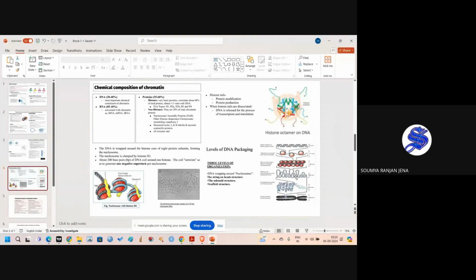This 300 nanometer chromosome is again condensed to form a 700 nanometer chromosome, and this 700 nanometer chromosome is condensed to form a 1400 nanometer chromosome, and this is called the chromosome of the eukaryotic genome. This is the complex part.